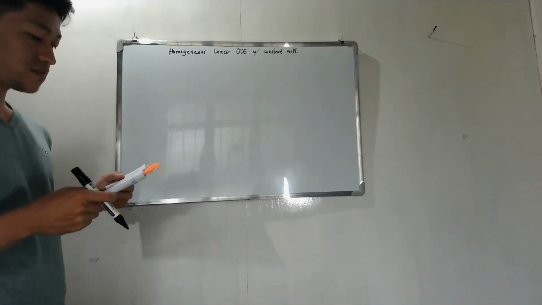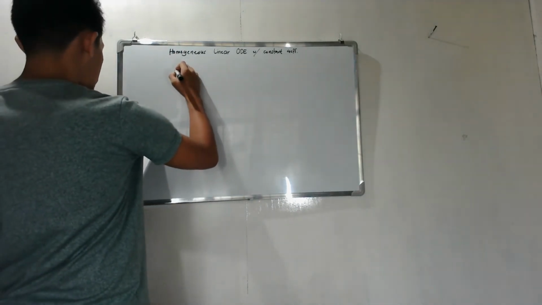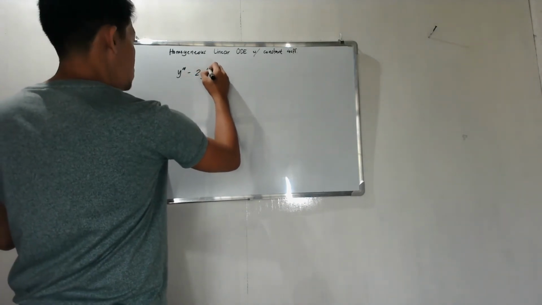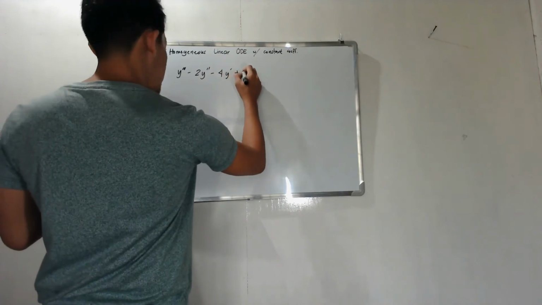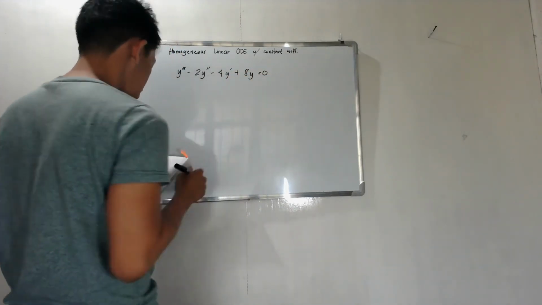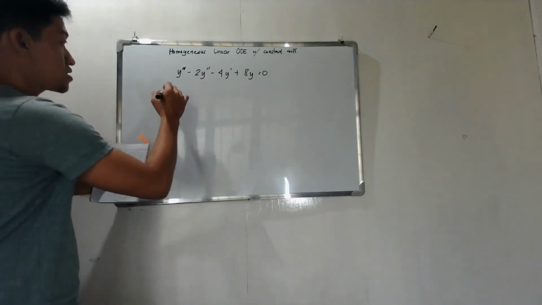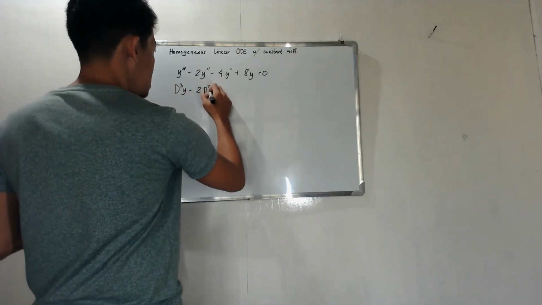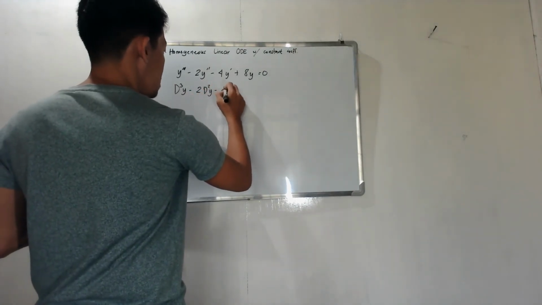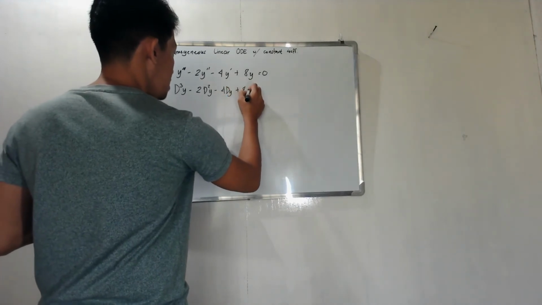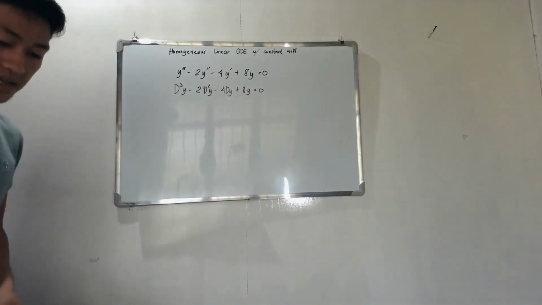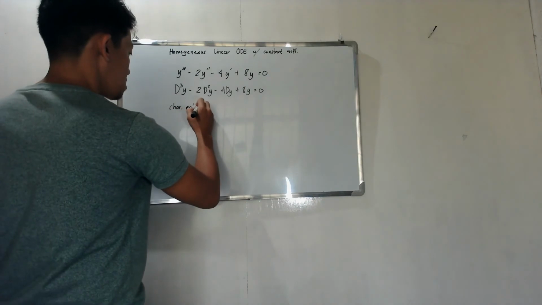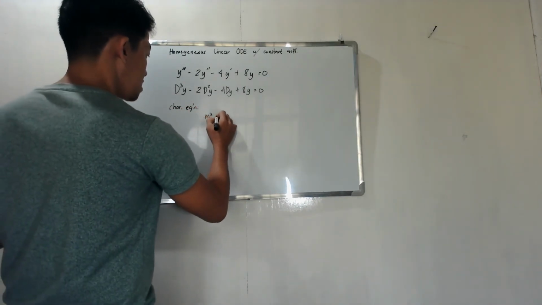linear ordinary differential equation. Okay, example, third order, y triple prime minus 2y double prime minus 4y prime plus 8y is equal to 0. Again, change this to operator notation. Okay, now your characteristic equation would be m cubed minus 2m squared minus 4m plus 8 equals 0.